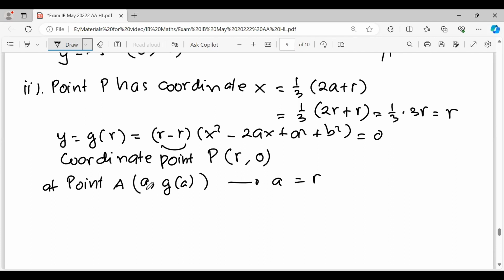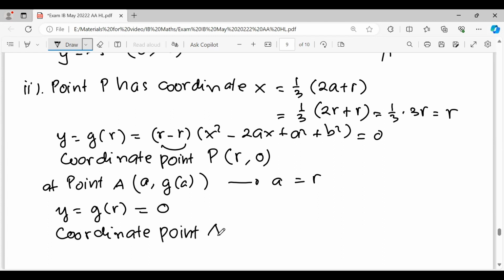If x equals a and a equals r, so you could find y. The coordinate x is r, so the coordinate y is g(r). Just now we already calculated here, g(r) equals 0. So the coordinate point A is (r, 0).